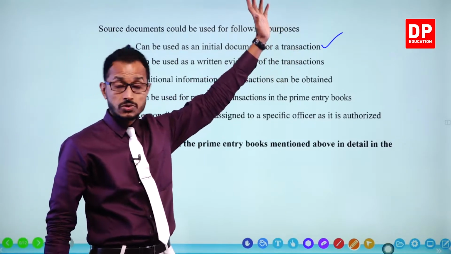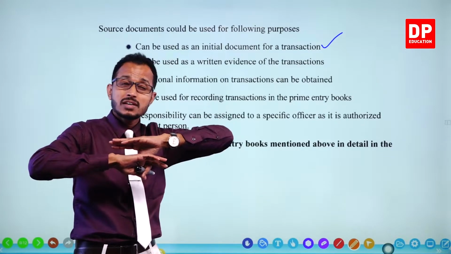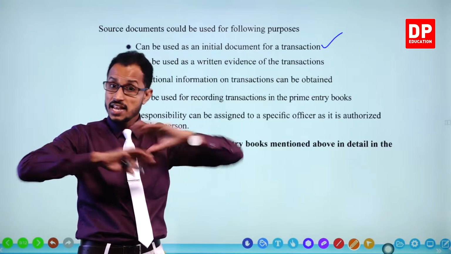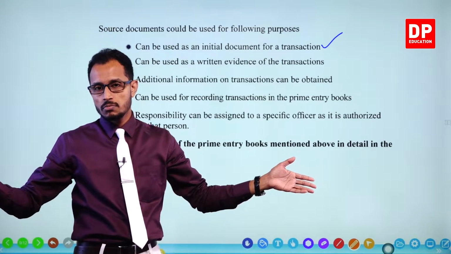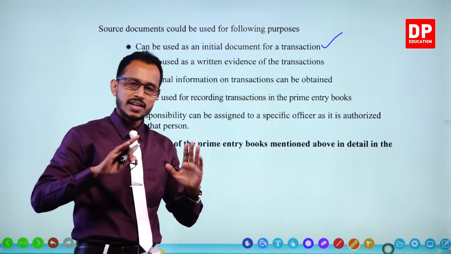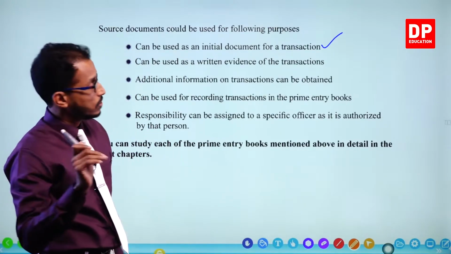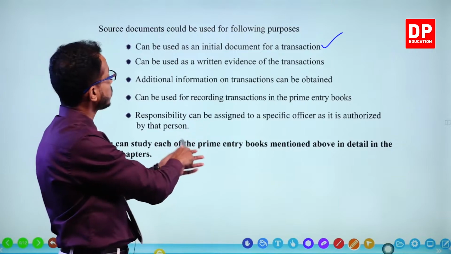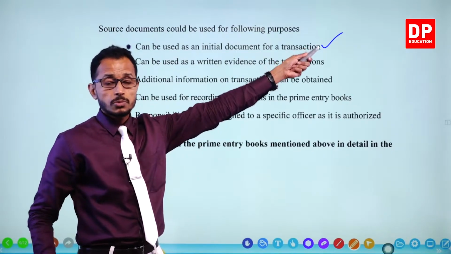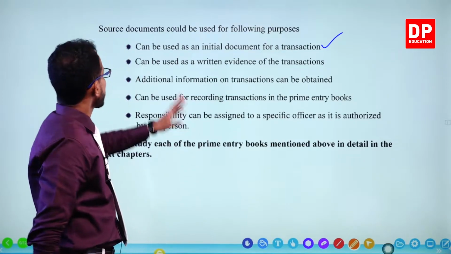Every transaction is recorded in a source document first, before that transaction is entered in any other place. Before anything, you record the transaction in a source document, or you issue a source document for the transaction.